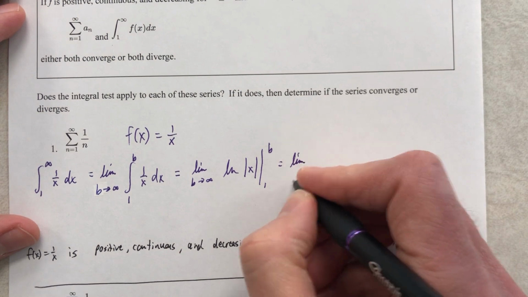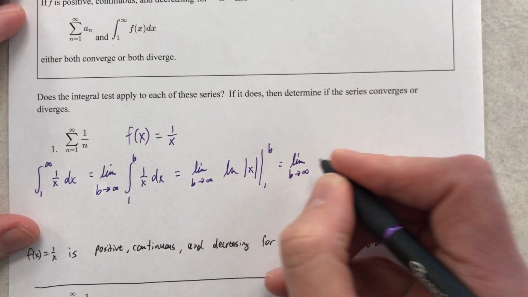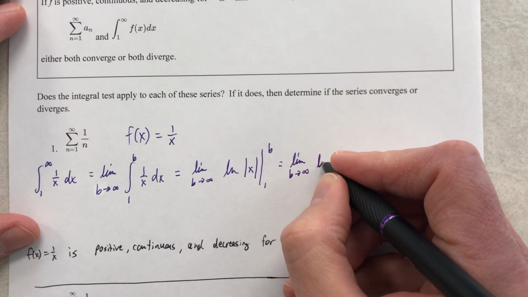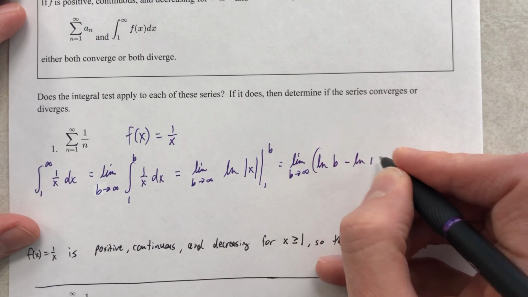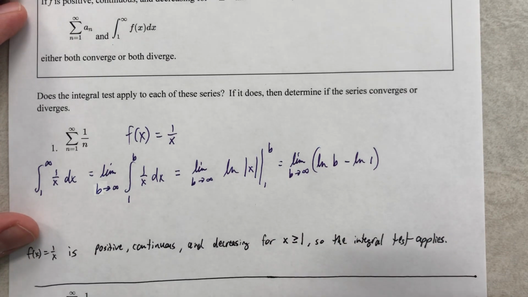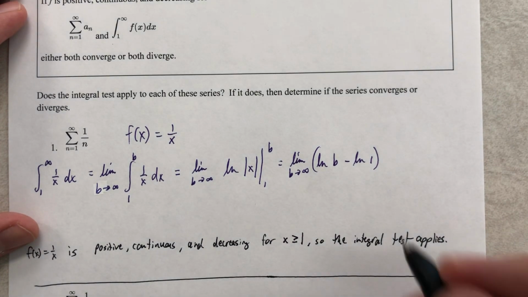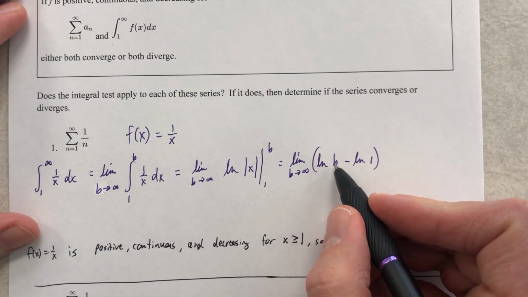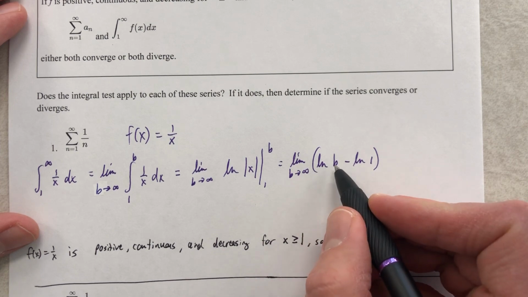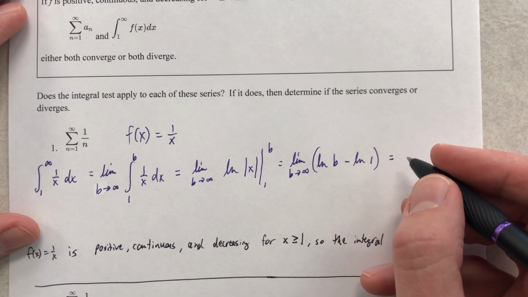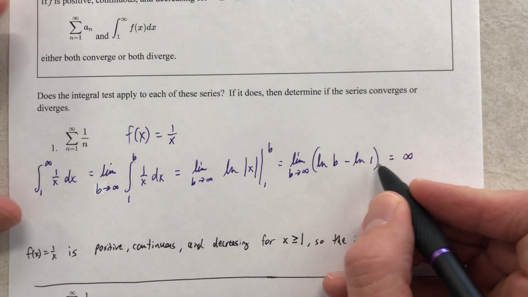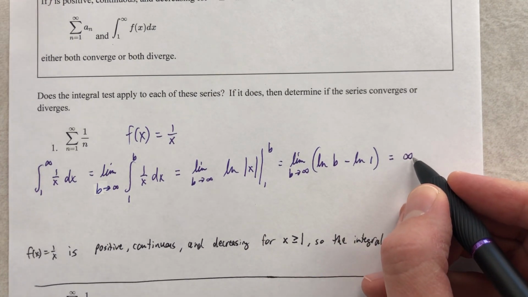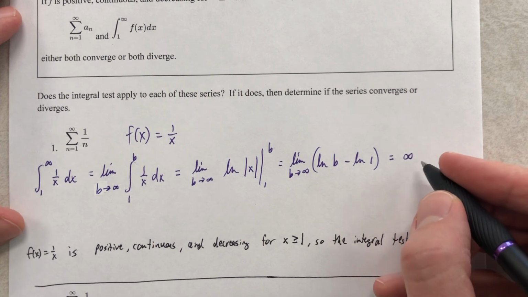This is the limit as b approaches infinity of natural log of b minus natural log of 1. Okay. Let's see. Natural log of b, as b approaches infinity, well, that's going to give me infinity, right? And then minus natural log of 1, well, that's 0. So infinity.